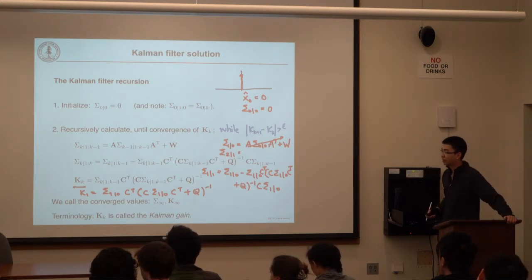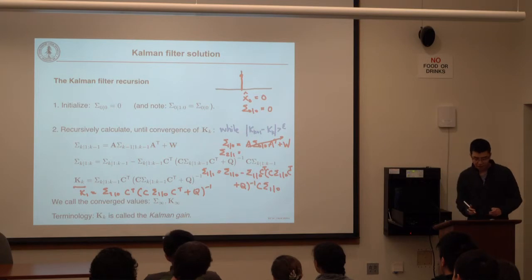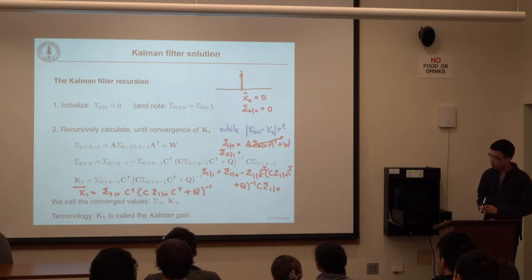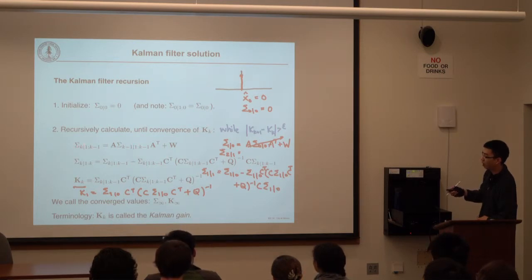Anjali? I'm sorry, what does sigma 0 given 1 colon 0 mean? I put that in there for notation, because when we initialize this loop at k equals 1, this first term is going to be sigma 1 given 1 to 0 equal to A times sigma of k equals 1, sigma of 0 from 1 to 0.